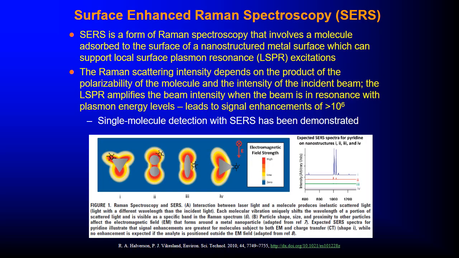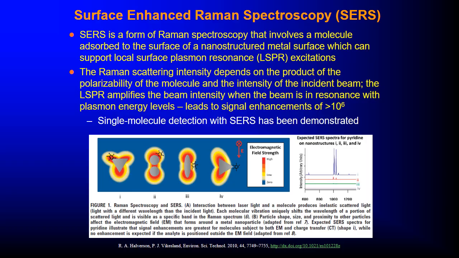Surface enhanced Raman spectroscopy is a form of Raman spectroscopy that involves a molecule adsorbed to the surface of a nanostructured metal surface, which can support local surface plasmon resonance excitations. The Raman scattering intensity depends on the product of the polarizability of the molecules and the intensity of the incident beam.